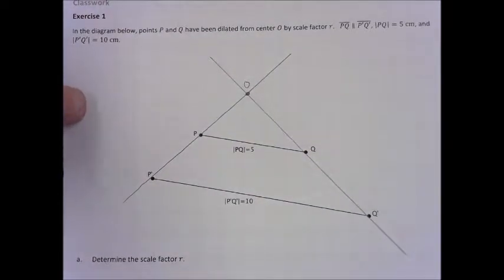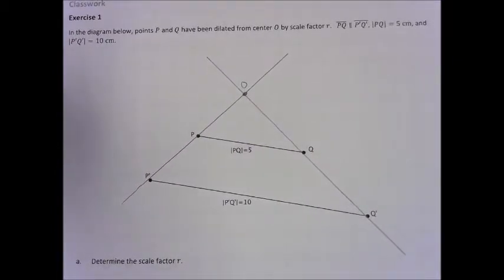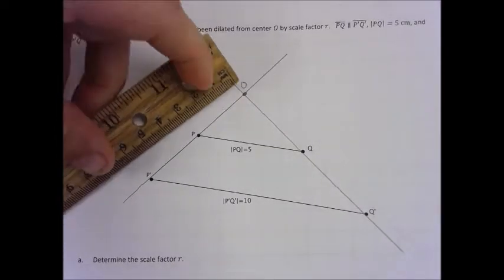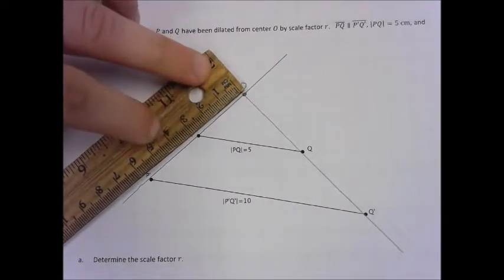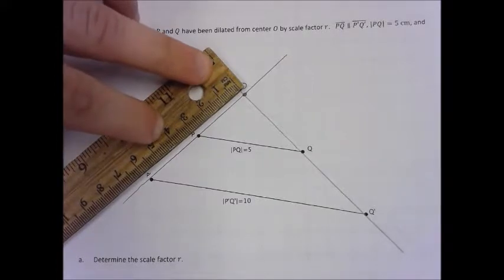Now, in order to solve for the scale factor, we need to determine our lengths. If you remember our formula, prime equals scale factor times original, we need to find what all of those are. In order to do so, we measure using centimeters. If we measure from our center O until point P, that looks like about 3 centimeters.